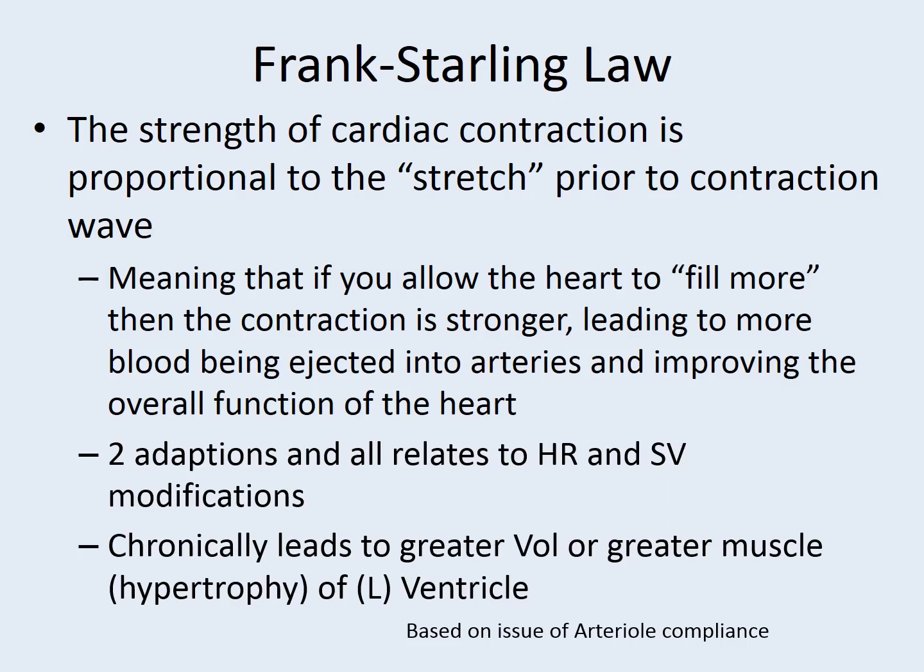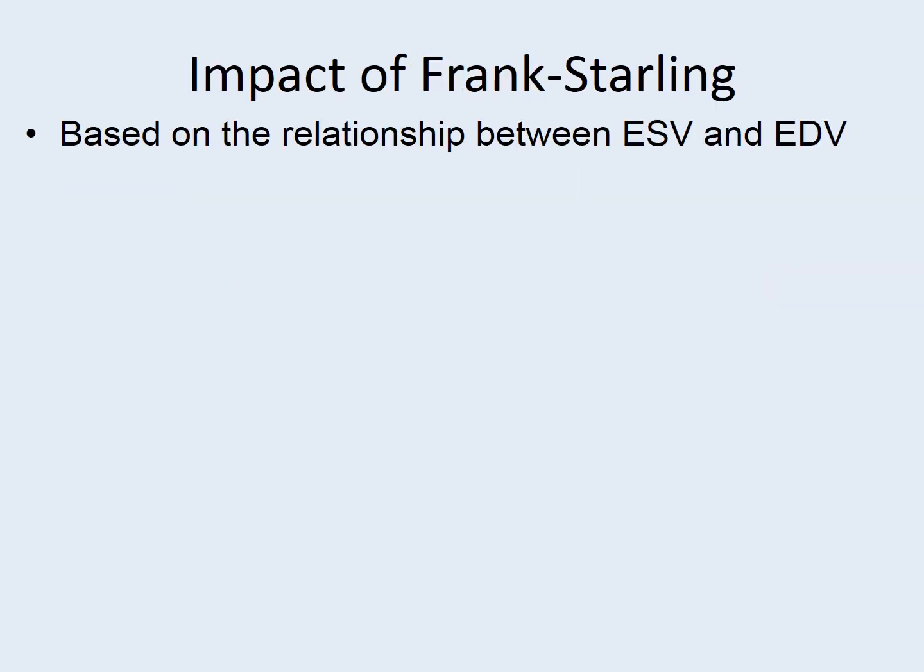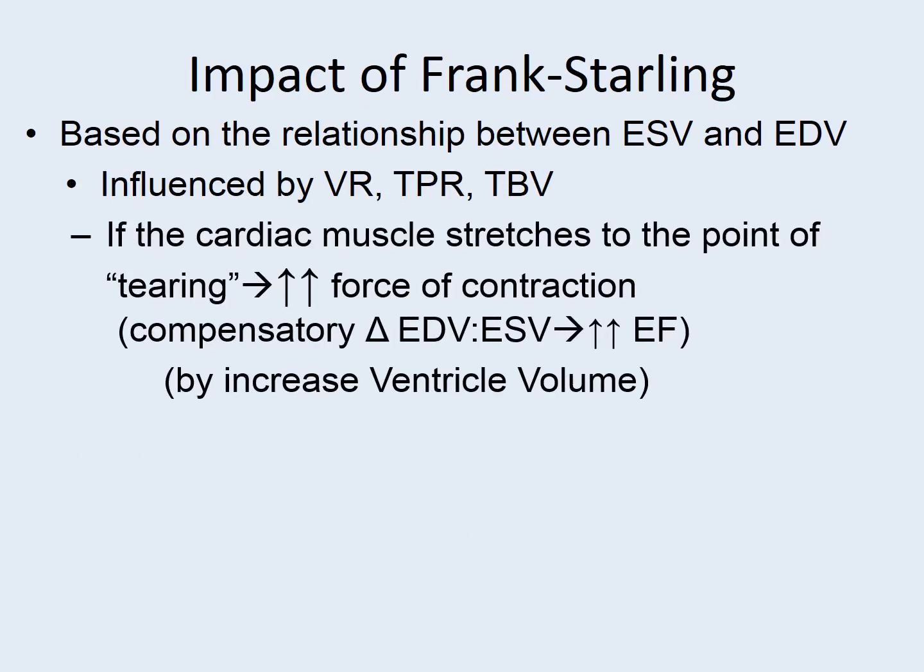That is the ability for the arteries to expand in diameter to allow for greater flow through. So if we look at this in terms of an impact, it's based on the relationship between end-systolic and end-diastolic volumes, which is going to be influenced by venous return, total peripheral resistance, and total blood volume.